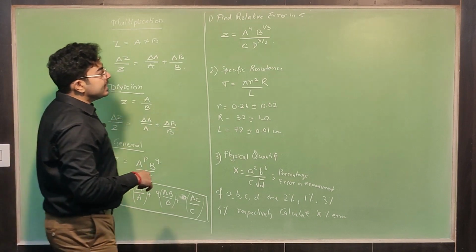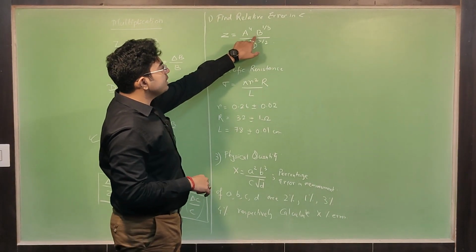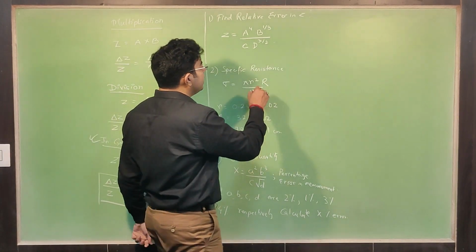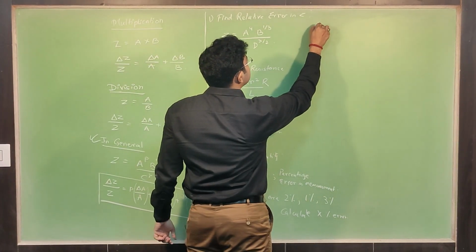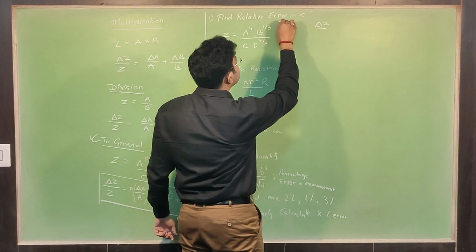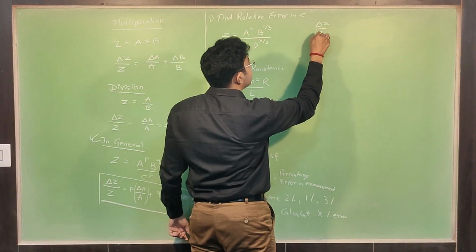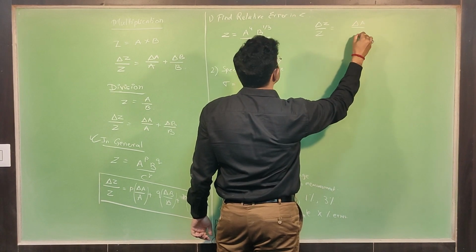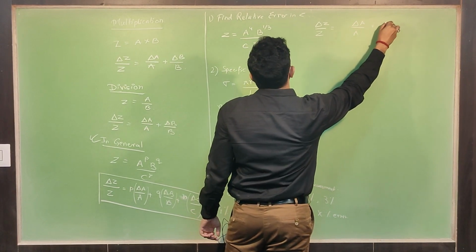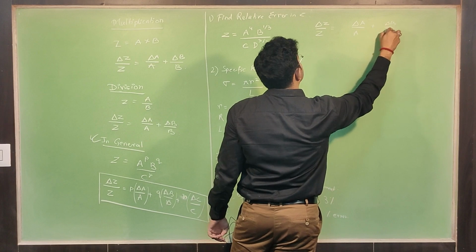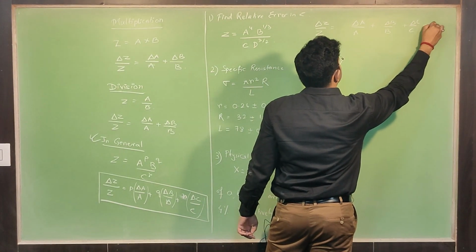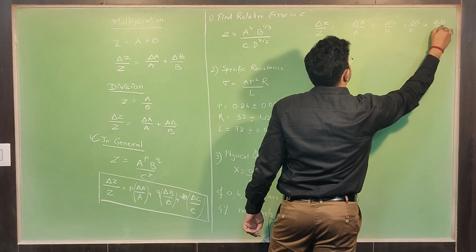Let us understand. Z equals a to the power 4, b to the power 1 by 3, c, d to the power 3 by 2. They are asking for the relative error, so delta Z by Z will be delta a by a plus delta b by b plus delta c by c plus delta d by d.